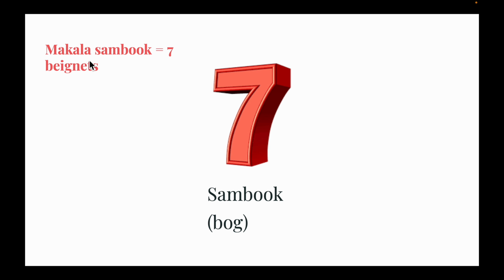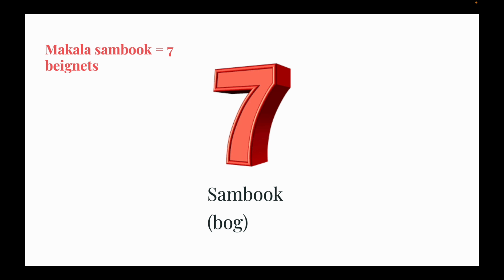Now you will notice that even though we're using makala, you won't say mabog, as in you won't change this. This is because for the other numbers, such as number 3 and 4, bara and bena, they started with a BE. Therefore, that BE, the plural of it, when used with a plural noun, would be ma.